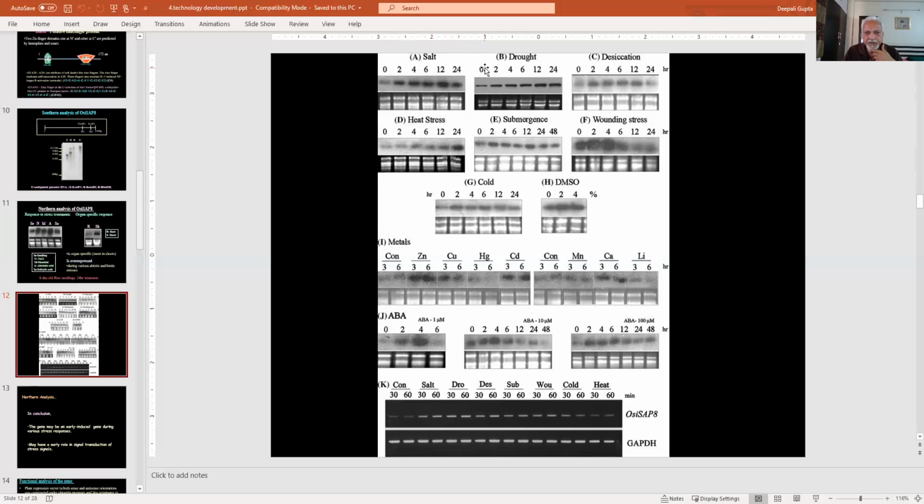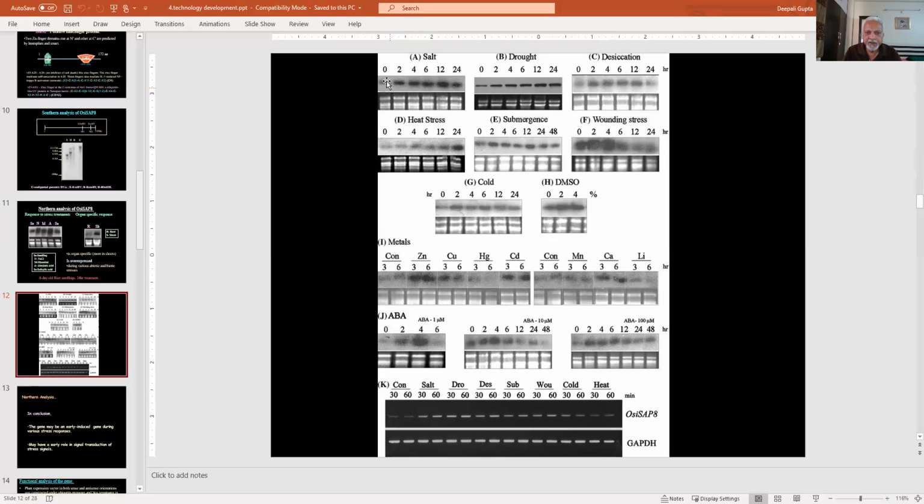And this was done in different stress conditions like drought, desiccation, heat, submergence, wounding, cold. So different abiotic stress conditions were tested, and they checked what happens to the synthesis of the transcripts of this gene.